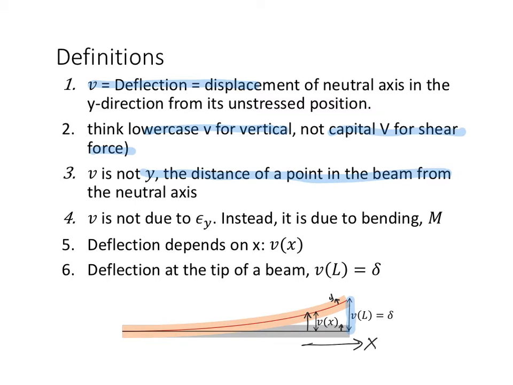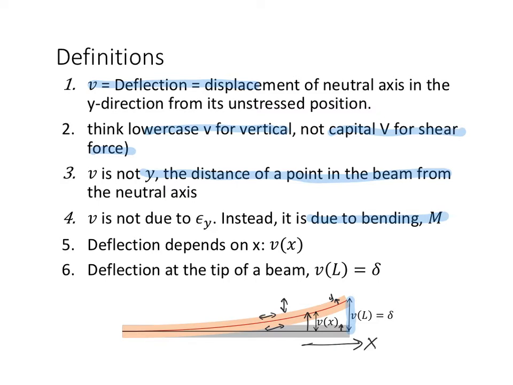Note that v is not due to strain in the y direction. In fact, it's due to strain in the x direction as it stretches on one side and compresses on the other. That is, it is due to the bending moment or the curvature.